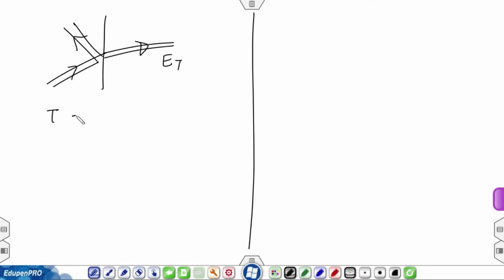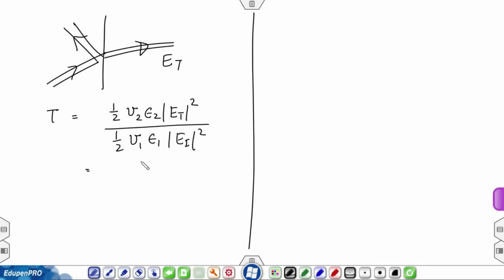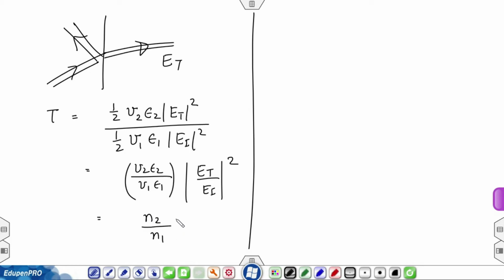Then if I were to calculate transmittance, it would be 1/2 v2 epsilon 2 mod Et square divided by 1/2 v1 epsilon 1 mod EI square, and this would give me v2 epsilon 2 over v1 epsilon 1 mod Et over EI square, which I could also write as, epsilon 2 is nothing but n2 square, so it will be n2 divided by n1 times Et over EI square, and this should also come out to be 1 minus r.